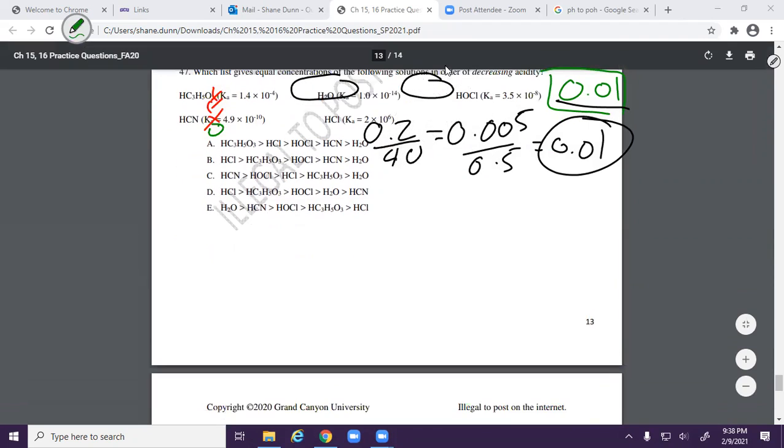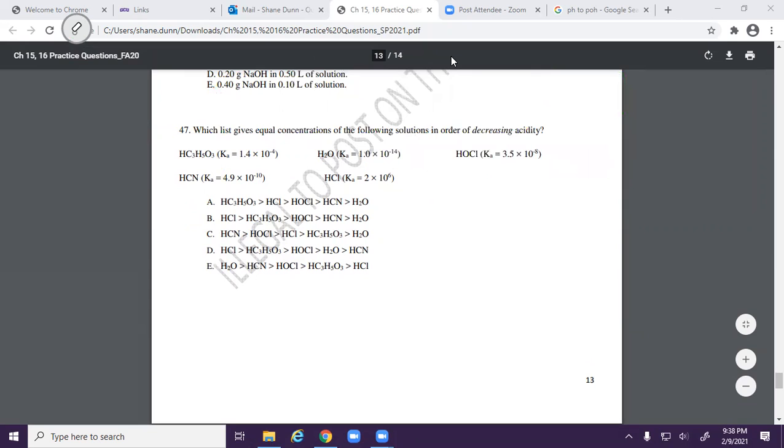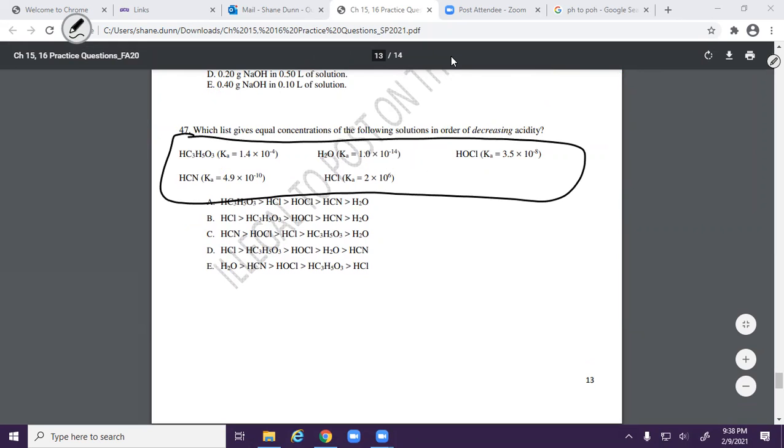Okay, so the bigger Ka value means what? The stronger acid. So look at all your Ka values right here. Which one is the biggest one? The HCN, 4.9 times 10 to the negative 10th? That is the biggest one? No, HCl is. Yep.